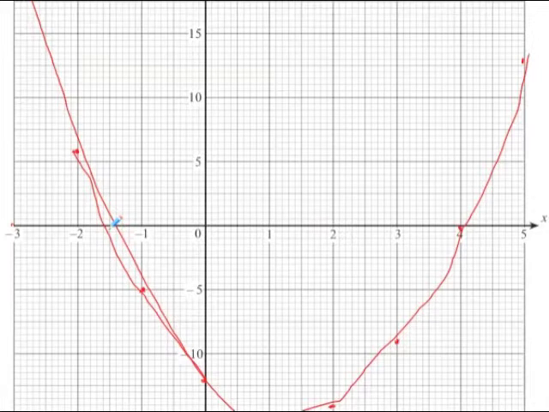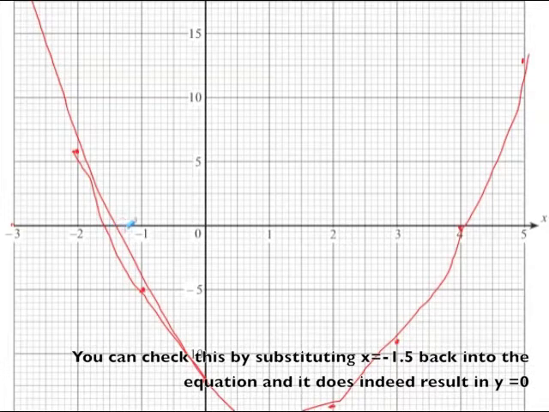But we can say that it intersects the x-axis at -1.5 roughly.